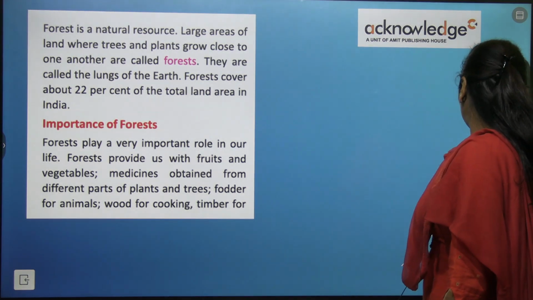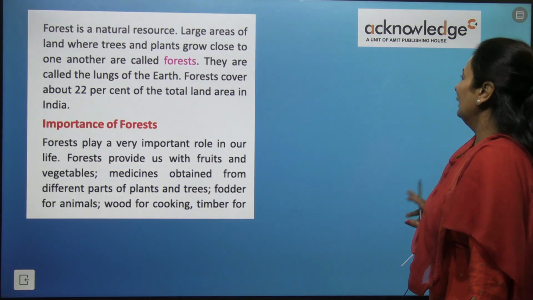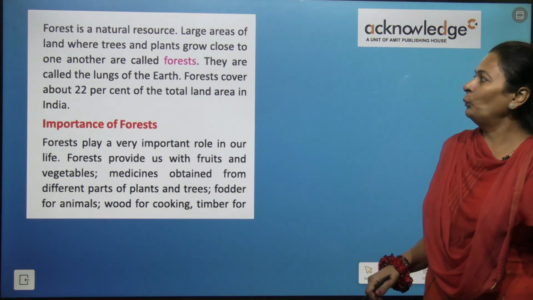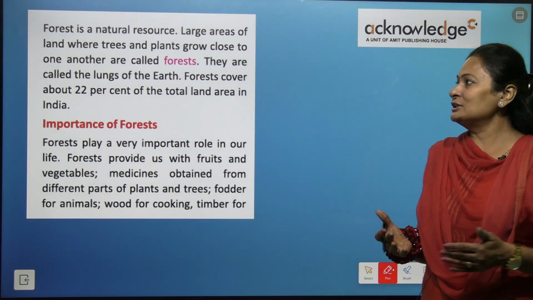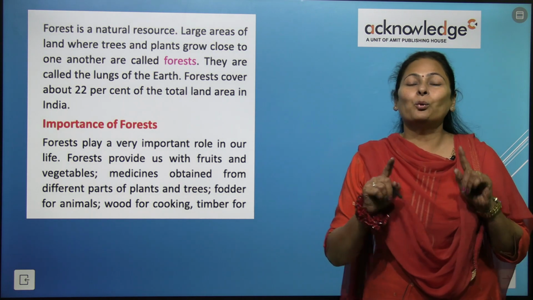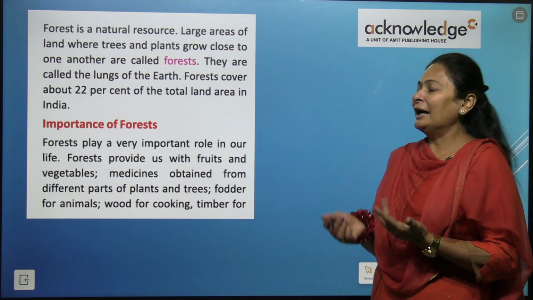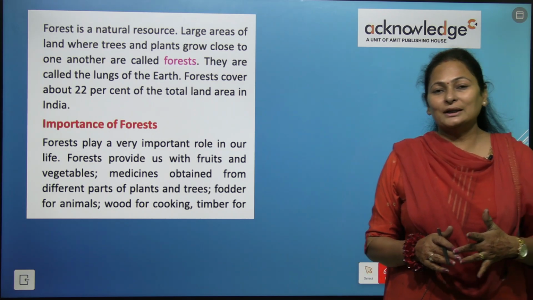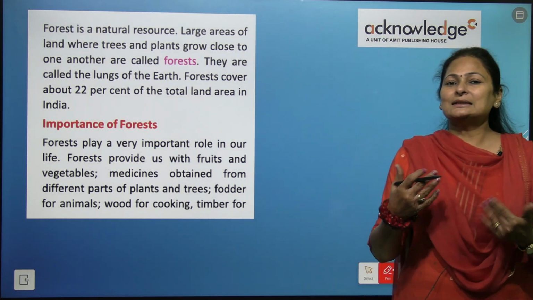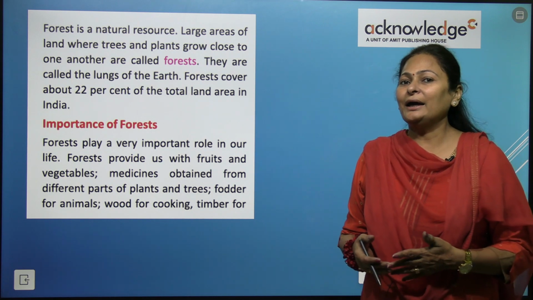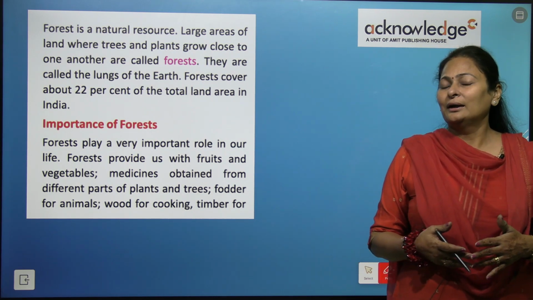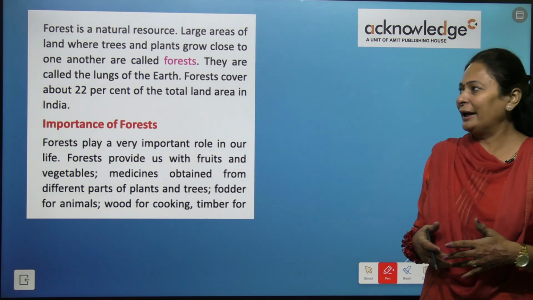Forest is a natural resource. A large area of land where trees and plants grow close to one another is called a forest. Natural resource, you all know what it means? It means it is gifted by nature. It is not made by man, right?